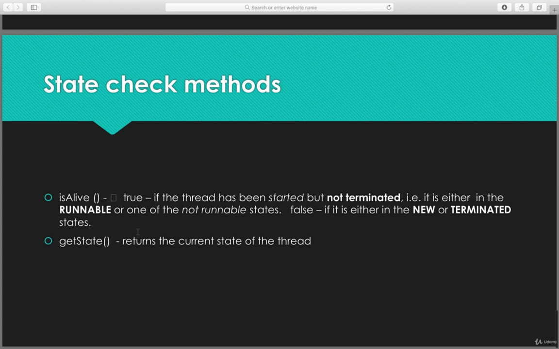The isAlive method returns false if it is in either the new or terminated states. We can use the getState method to get the current state of a thread.